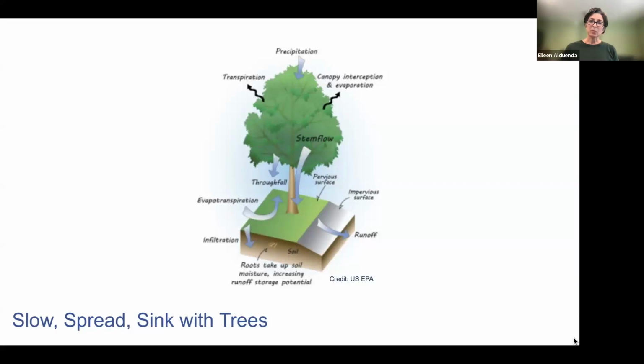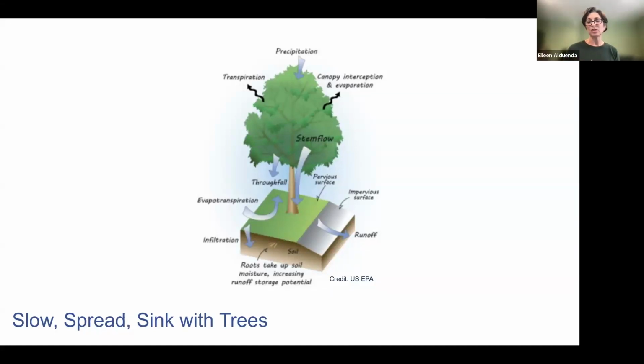And we're creating cooling for those urban spaces on school campus. And we're increasing transpiration as well, and infiltration goes up. The important thing about trees as well is that they start to intercept the rainfall before it hits the ground.